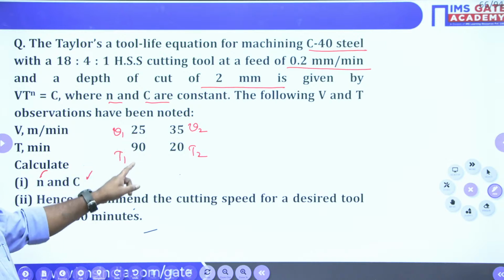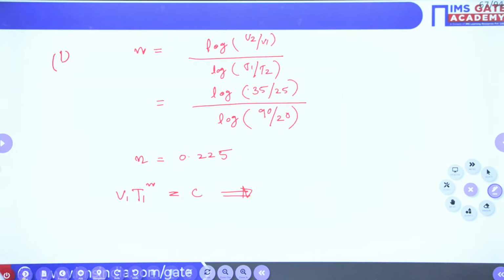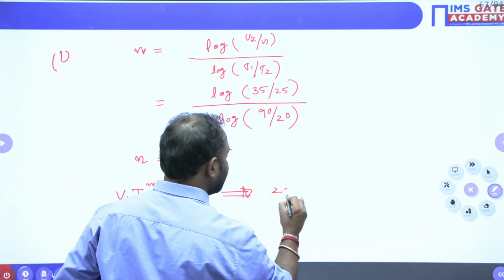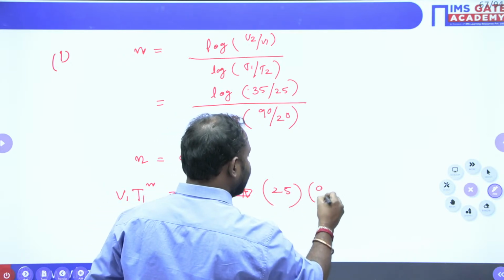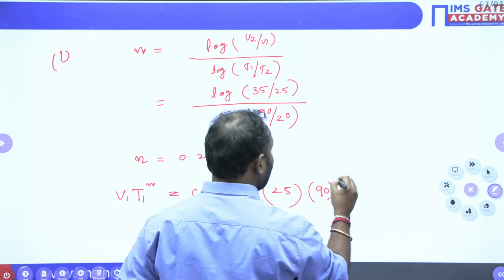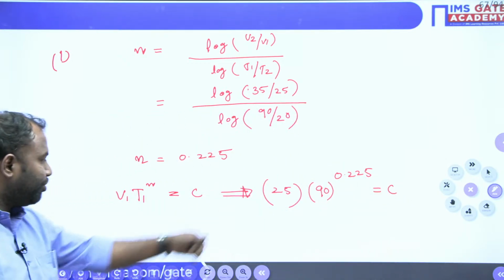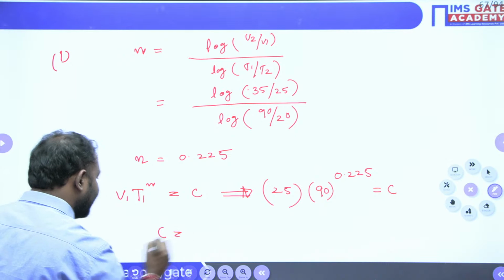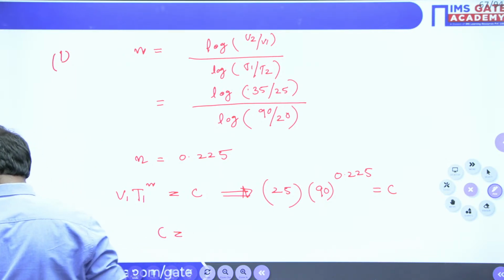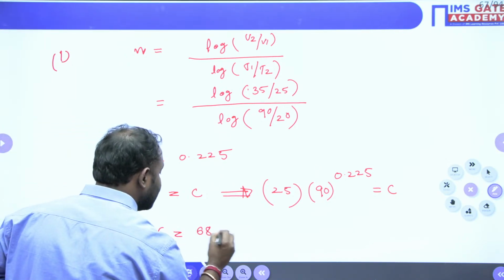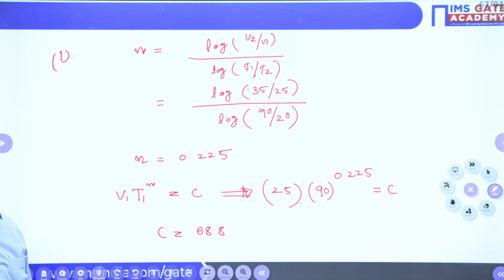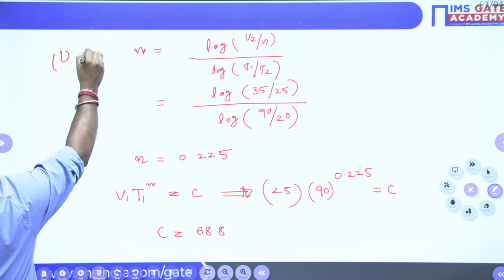So 25 times 90, whole power 0.225, is equal to C. If you calculate that, you are going to get C as 68.8. So the first question is finished.